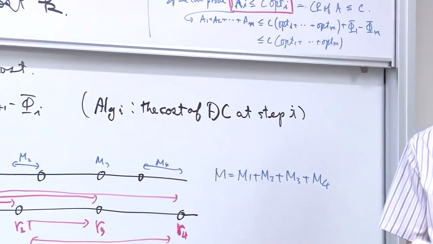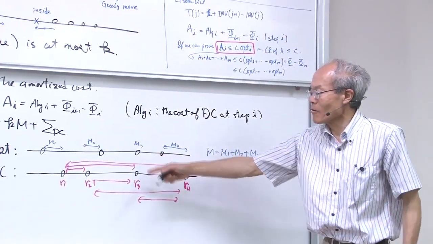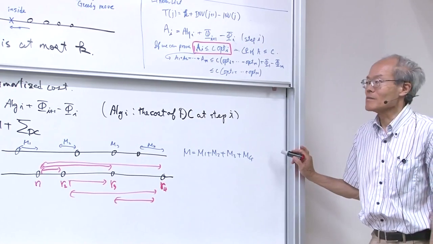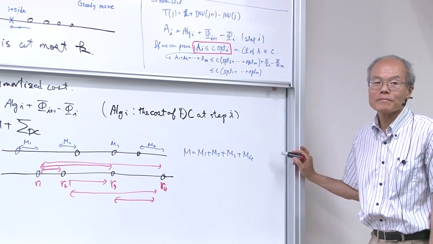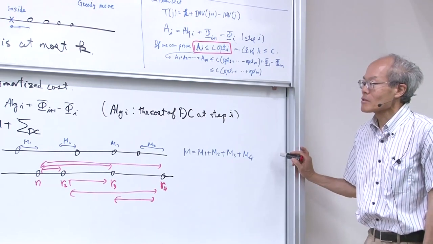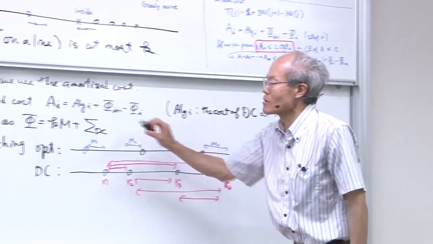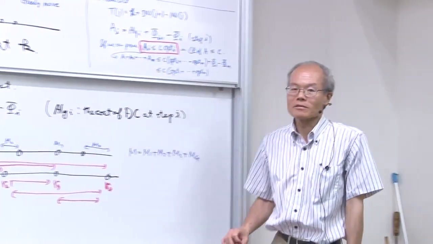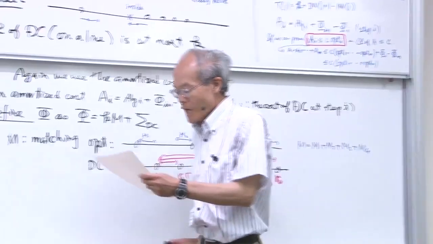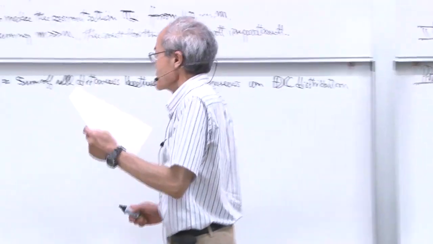So the sum of all those red distances is sigma DC. Okay? So the phi is the sum of those two values. Now let's start our analysis.